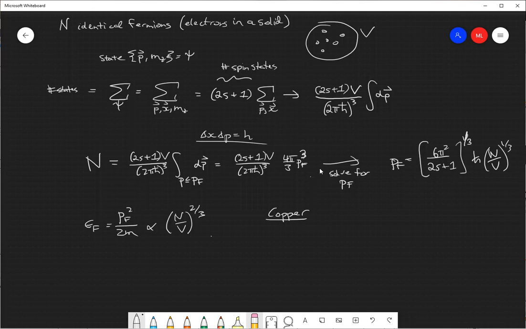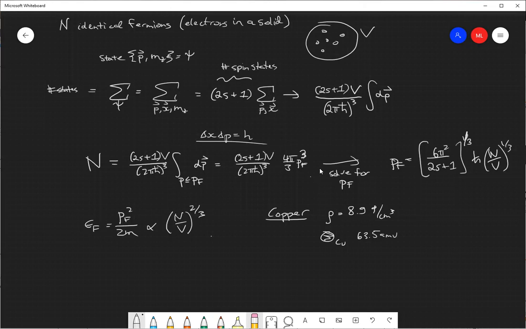You just need the density of copper, right? And that tells you about the number of atoms per unit volume. So the density is 8.9 grams per cubic centimeter. You need to know the weight of a copper atom, and that's 63.5 AMUs.